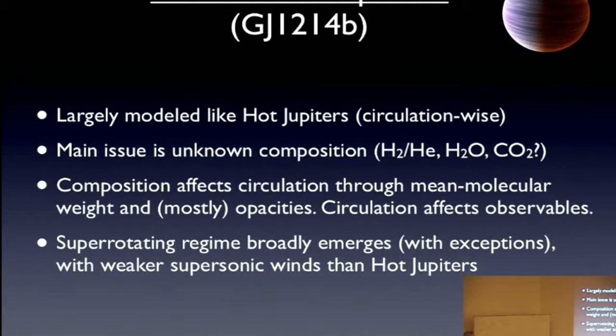these possibilities? What has been established, and I'll show you some results briefly, is that the composition does affect the circulation. It does so in essentially two ways. One is mean molecular weight. H2 has a very different mean molecular weight than water, for instance, and that has some effect on the radiative behavior of the atmosphere. Mostly, I think the dominant effect is opacities.